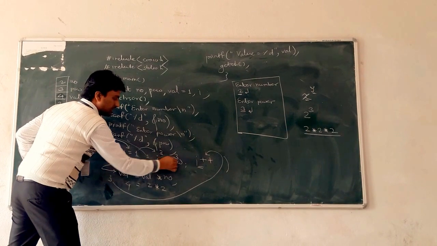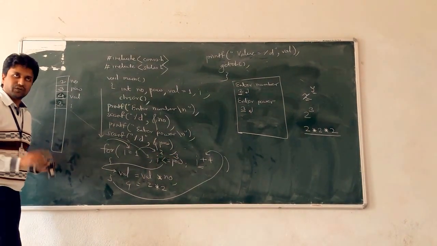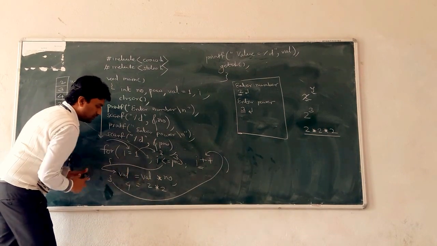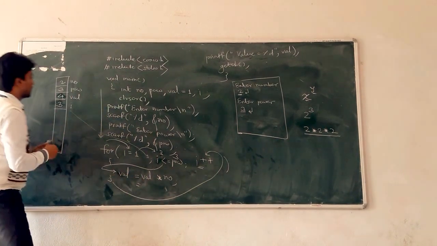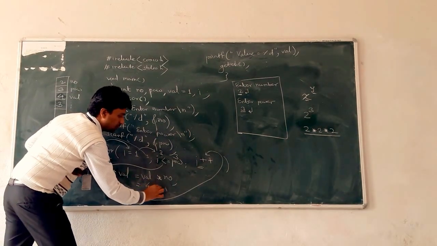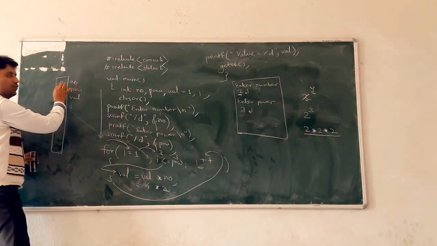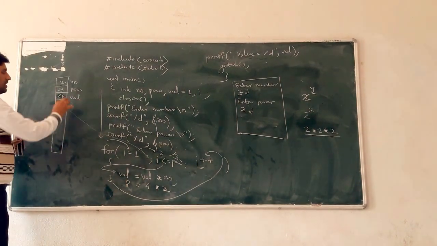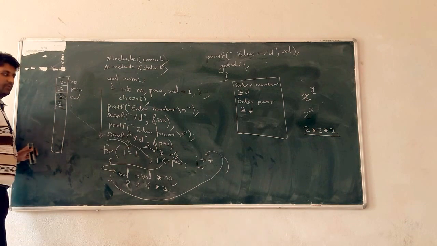I is 3, less than equal to power 3. Condition true. After that, value. What is the value? Now the current value of the variable is 4 into, what is the value of number? 2. So 4 into 2, what is the value now? 8. And this value is stored into the value variable.